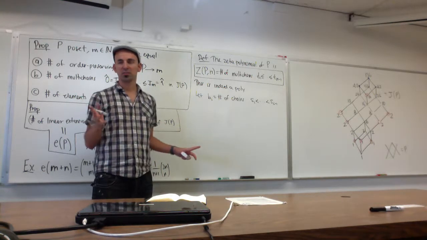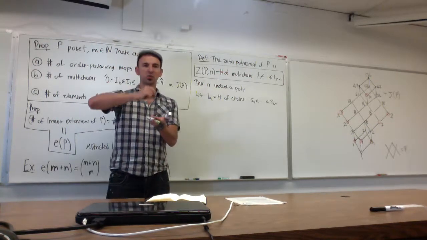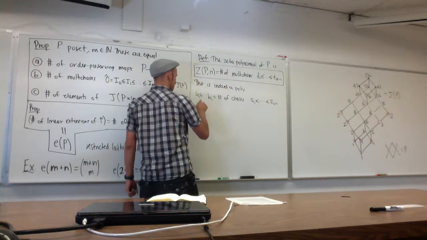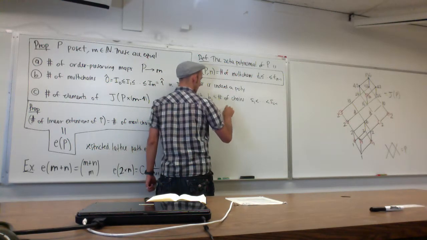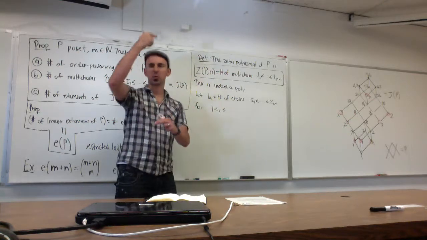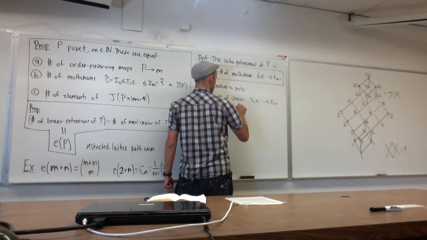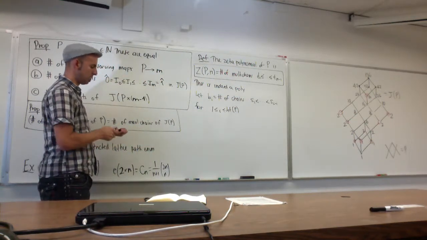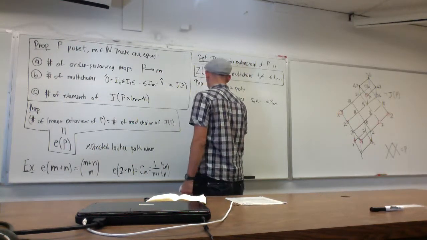All the posets that we're going to consider today are finite. And if you have a finite poset, then a chain can only be so long, right? So this is for i between 1 and the height of the poset.